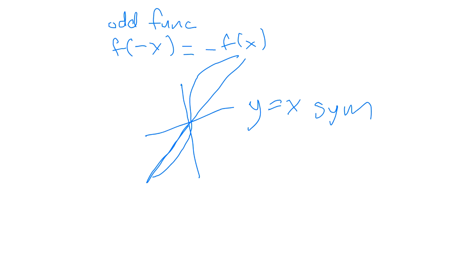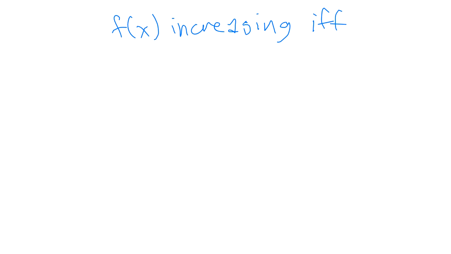And the last thing we need to go over for section 1 is increasing versus decreasing. We know that a function is increasing if and only if we have some x1 and x2, where x2 is greater than x1, then f of x2 has to be greater than f of x1.